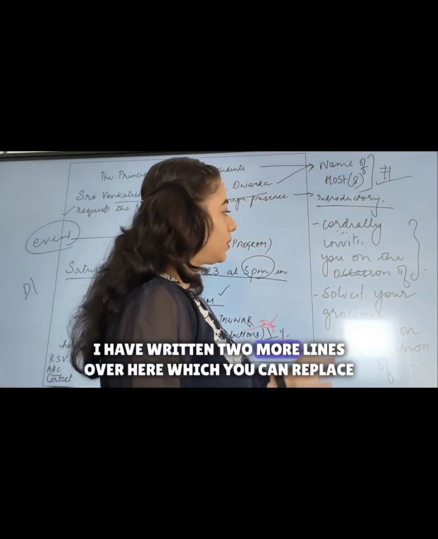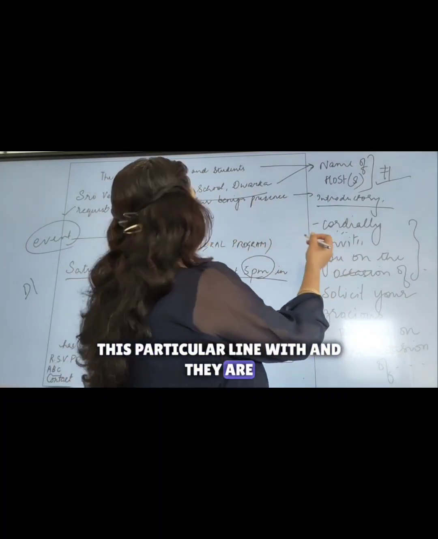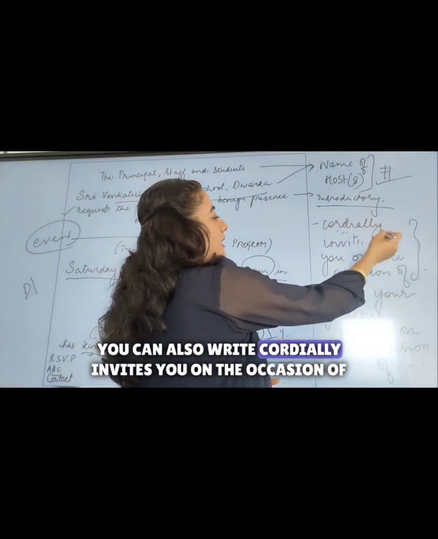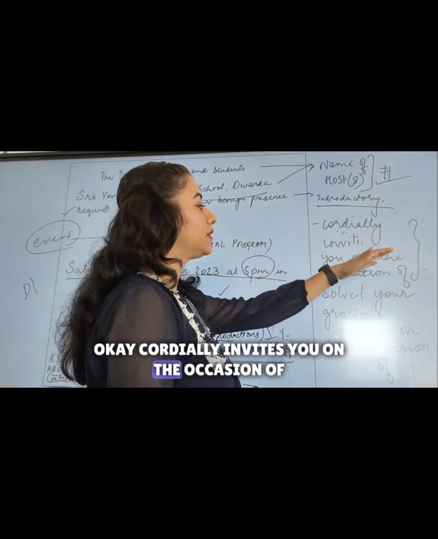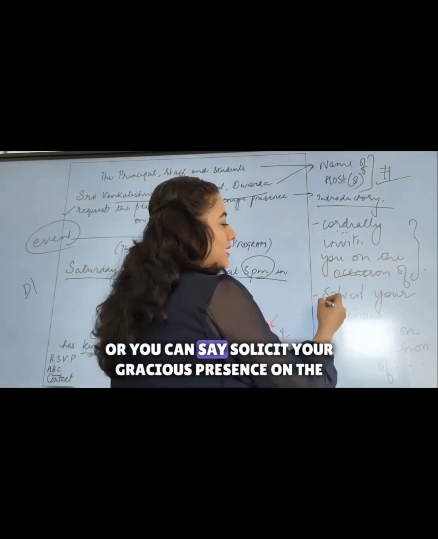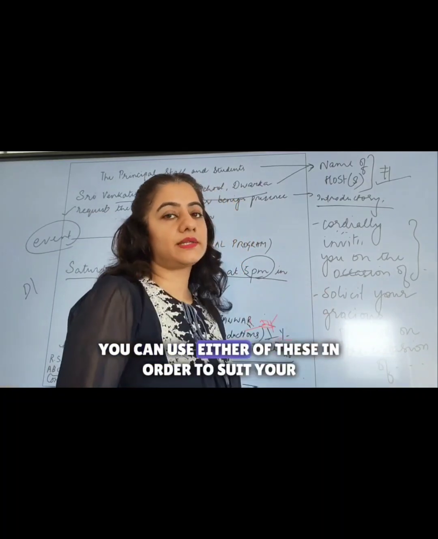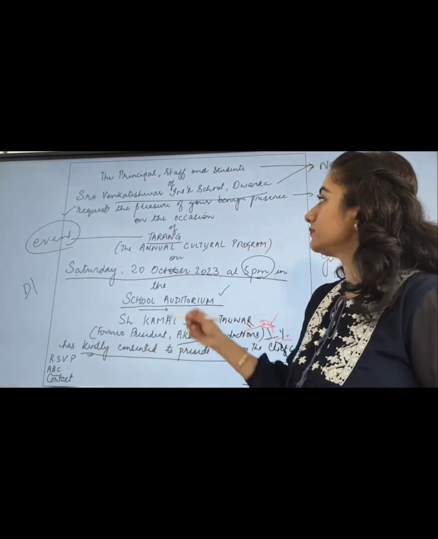I have written two more lines over here which you can replace this particular line with, and they are, instead of writing request the pleasure of your benign presence, you can also write cordially invites you on the occasion of. Or you can say solicit your gracious presence on the occasion of. You can use either of these in order to suit your requirements.